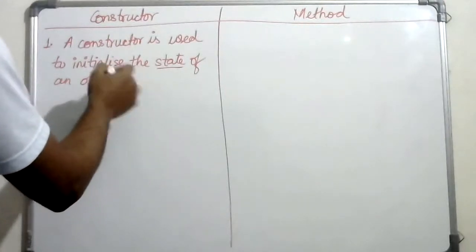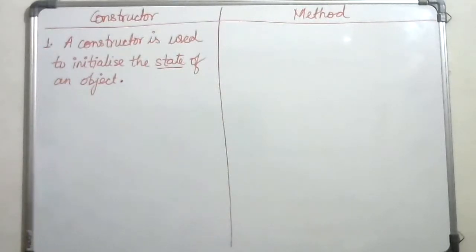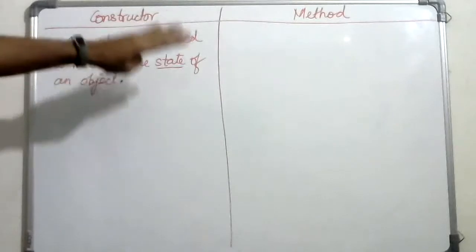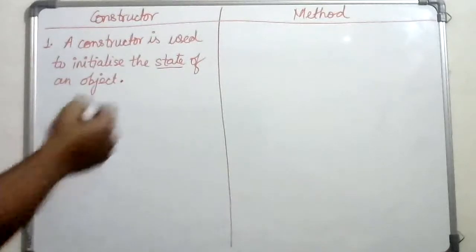So variables are called the state of an object. A constructor basically initializes the variables. That's why it says constructor is used to initialize the state of an object, which means it initializes the variables of the object. And a method is used to expose the behavior of an object.